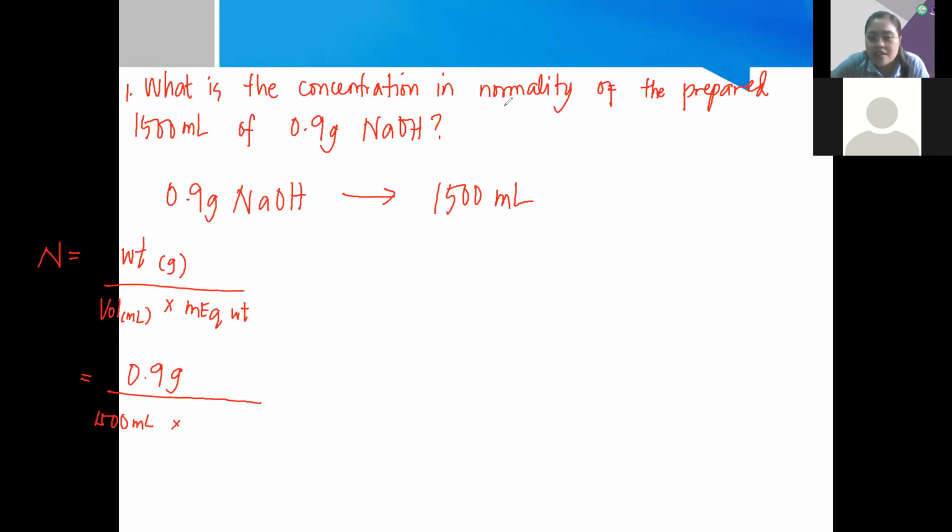It is your task to compute for it. So you have to go back to our previous lesson. Milli-equivalent weight is equal to the molar mass divided by Bf times 1,000. Pero wala pa tayong molar mass dyan. Hindi din siya binigay sa problem. So you also have to compute.